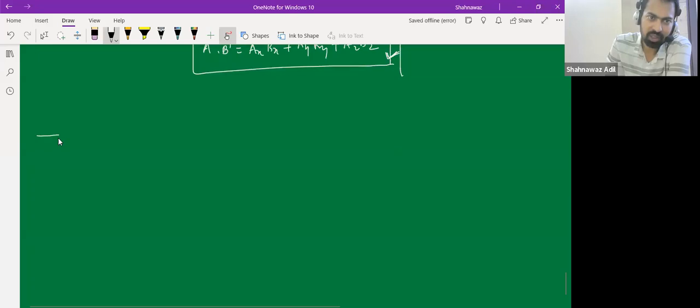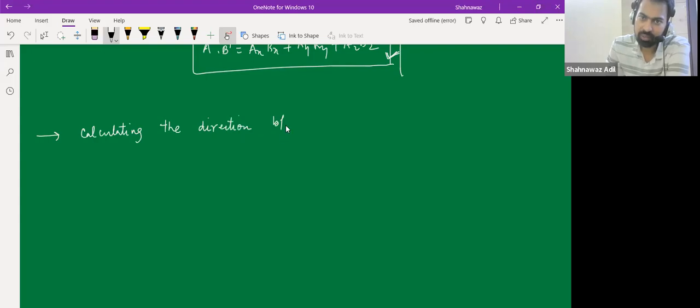This dot product is very useful in calculating the direction between the vectors, and it is also important in calculating the projection of vectors.